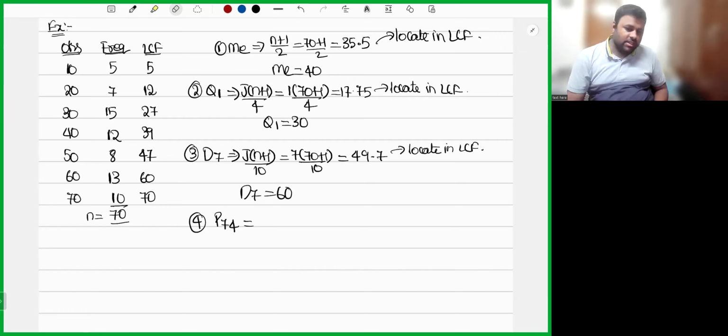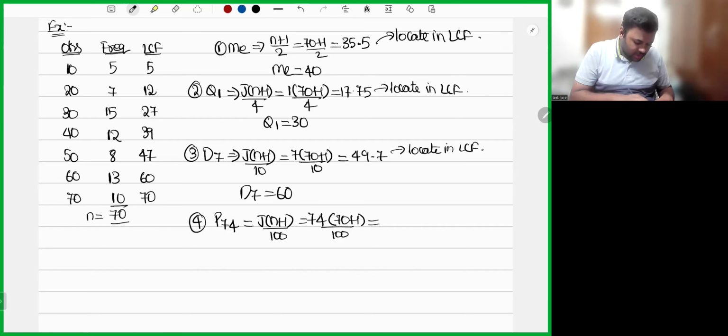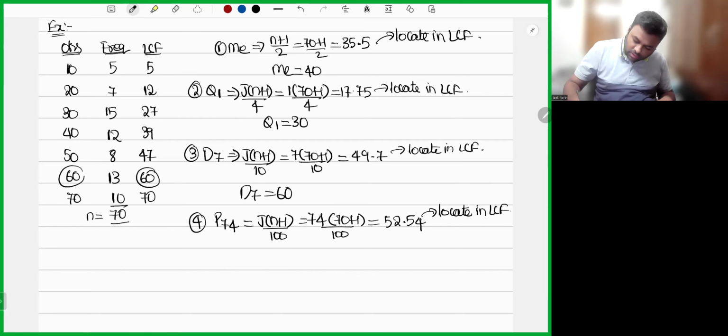What about you, Geeta? Vaishnavi has given the answer. P74, j into n plus 1 by 100. 74. Perfect. Let me check. 70 plus 1 by 100. 74 into 71 divided by 100, 52.54. Locate in LCF. So this is where you will have 52.54. So P74 is equal to 60.